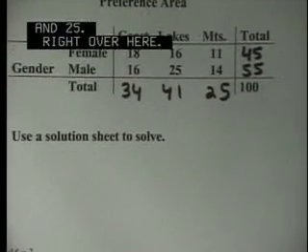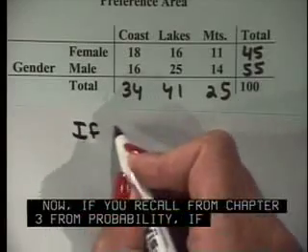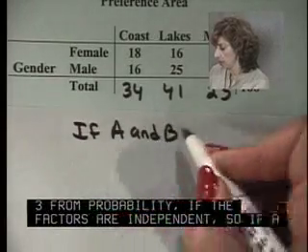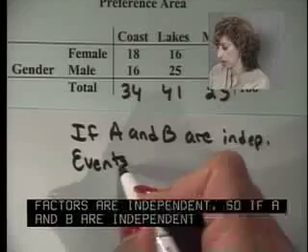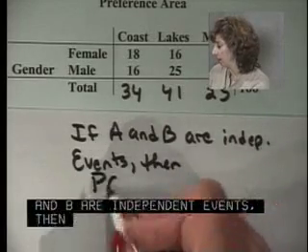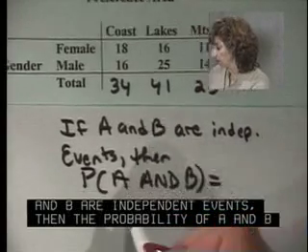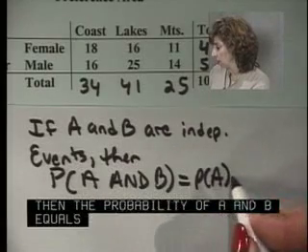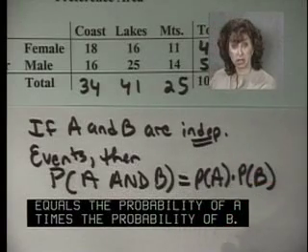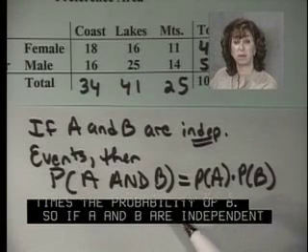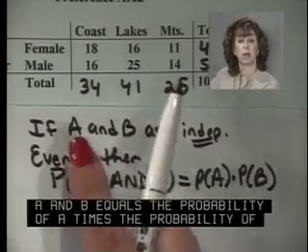Now, if you recall from Chapter 3 on probability, if A and B are independent events, then the probability of A and B equals the probability of A times the probability of B. And in fact, it goes the other way around too.